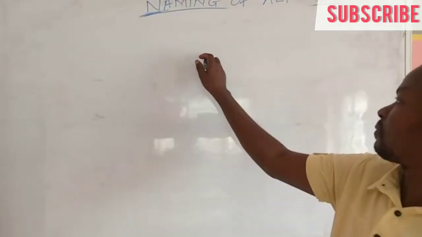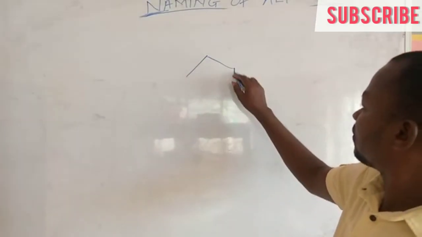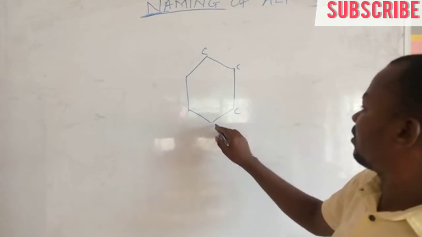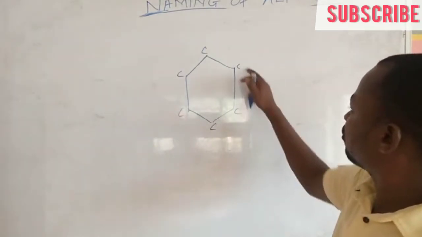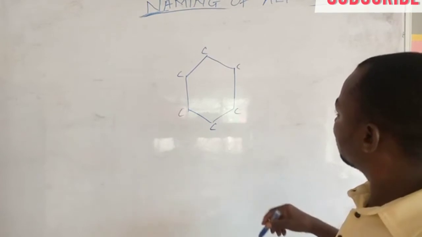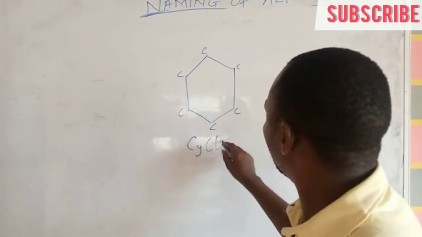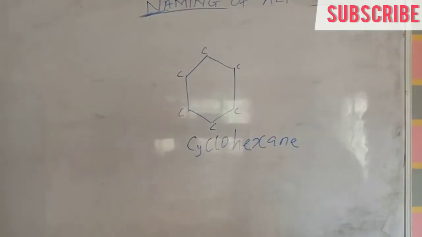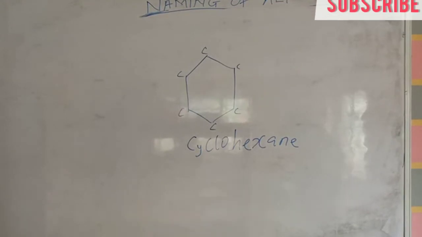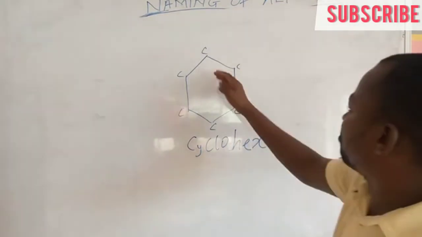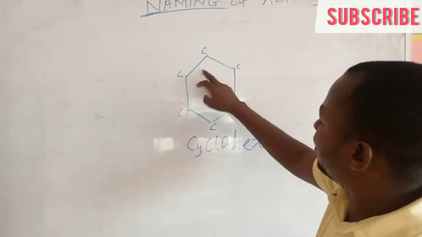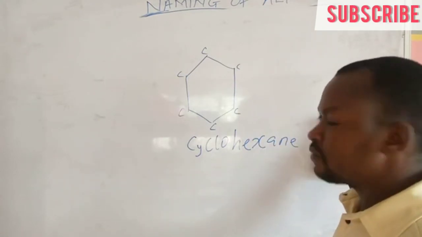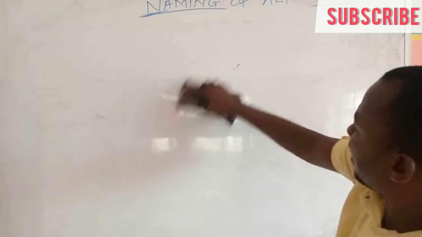You can also have this. Look at it. You see I have carbon here. You count 1, 2, 3, 4, 5, 6. So this is cyclohexane. Okay? Don't forget that it must be a single bond all through. If you see a double bond in the cyclic compound, then it's no more an alkane, but an alkene.